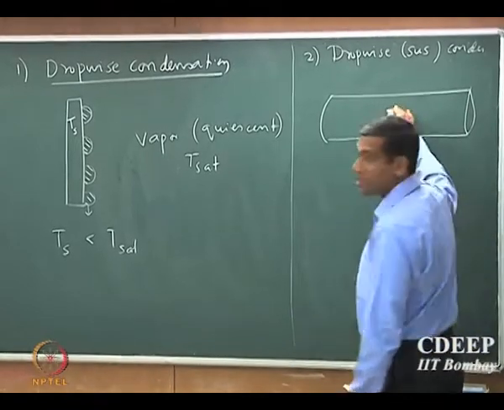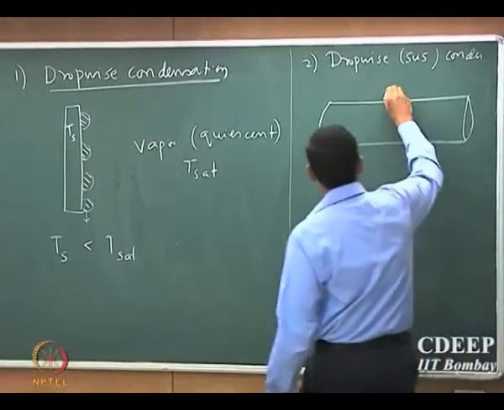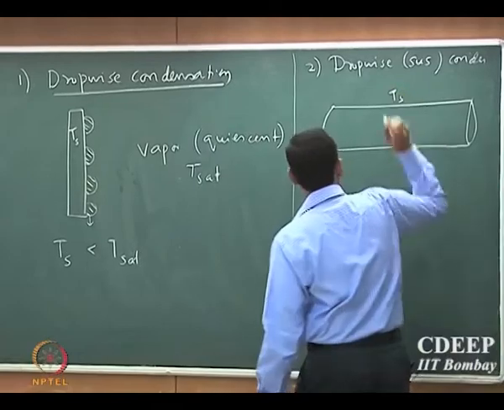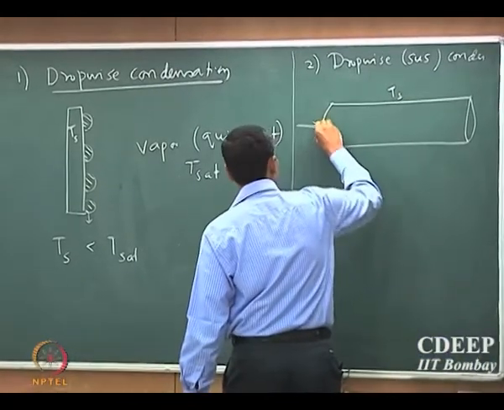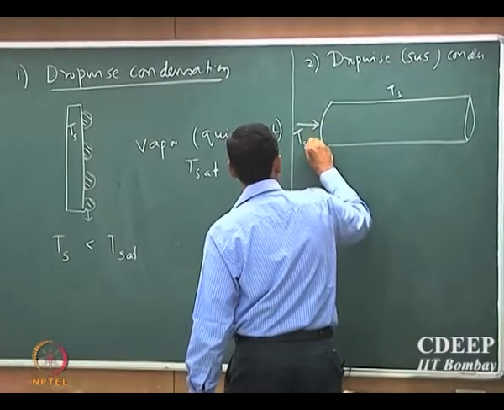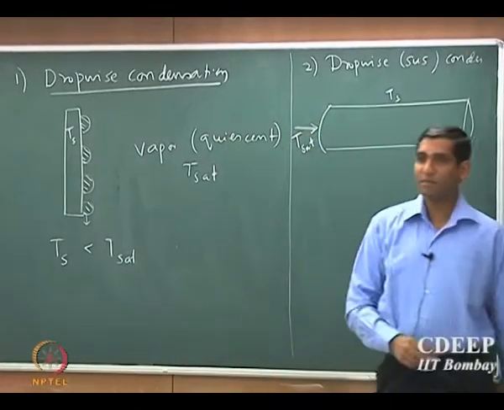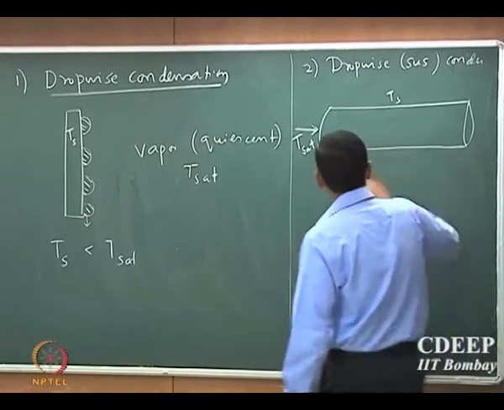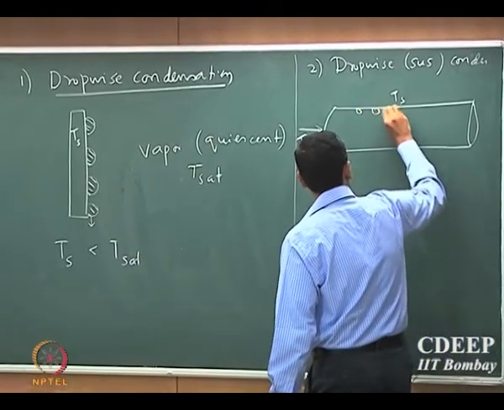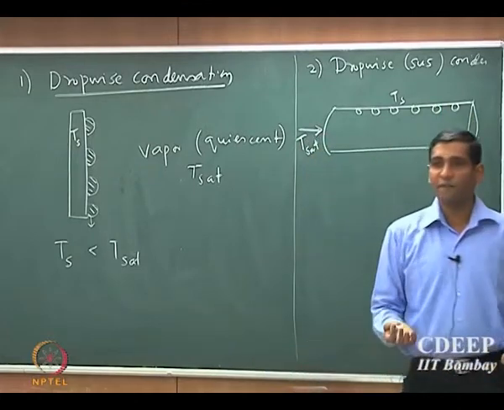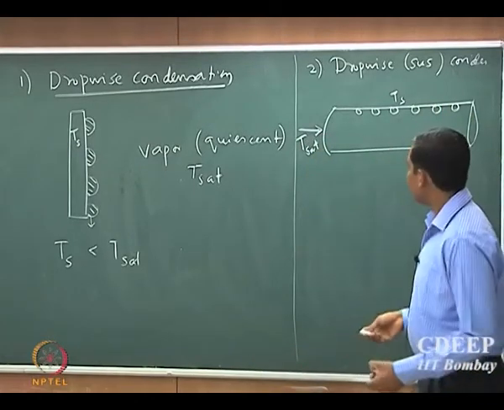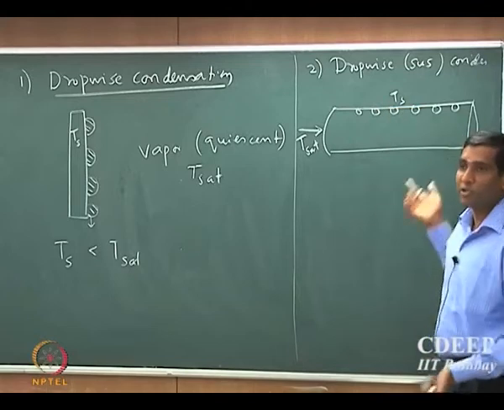So, suppose I take a tube, and the surface of the tube is maintained at temperature Ts, and there is vapor which is flowing through this tube at, let us say, the saturation temperature Tsat. Now, the drops will form along the curved surface of the tube, and note that this is a horizontal tube, right.